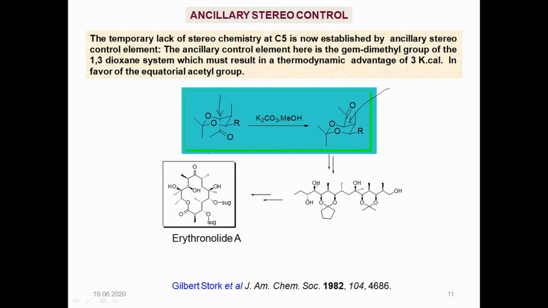This is because the six-membered ring forms a cyclohexane chair conformation. In the chair conformation, the axial group is converted into the equatorial group. This is the trick used by Gilbert Stork. He is using epimerization very cleverly in the cyclohexane.